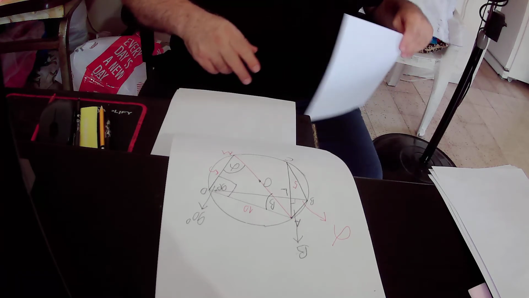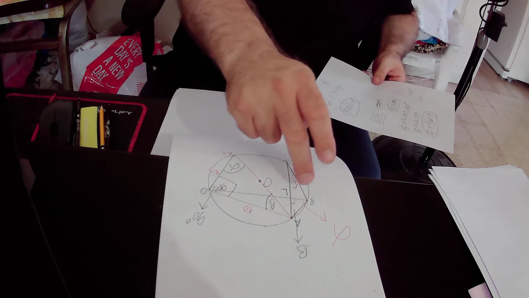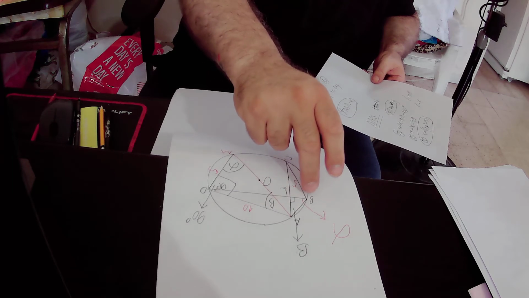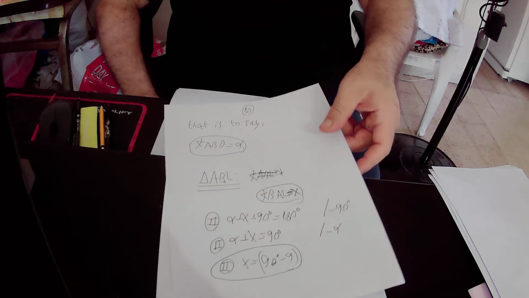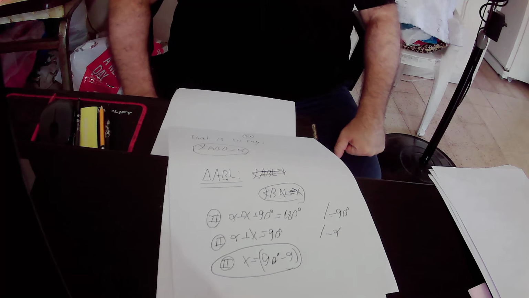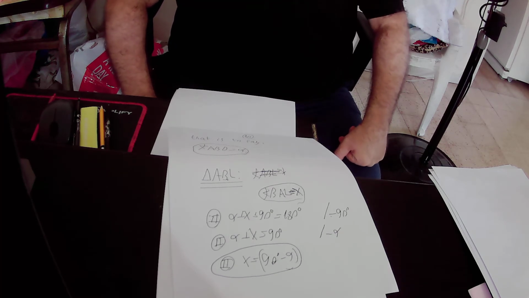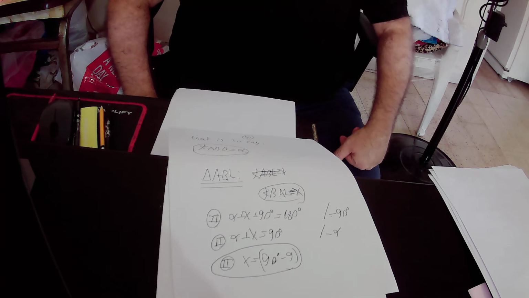So equation number 2 states that alpha plus x plus 90 degrees equals 180 degrees.